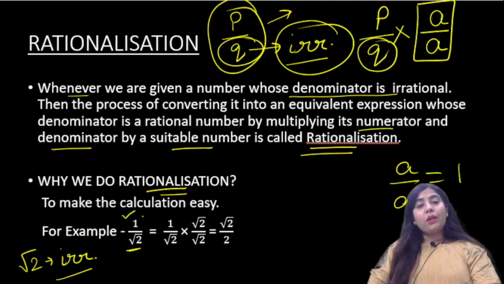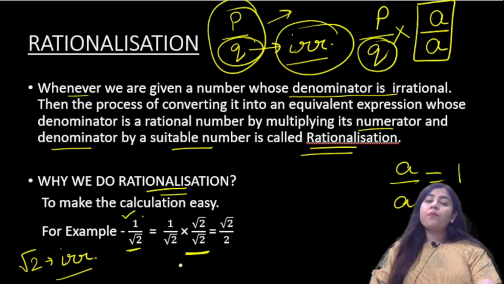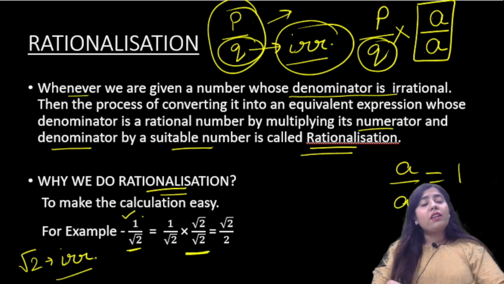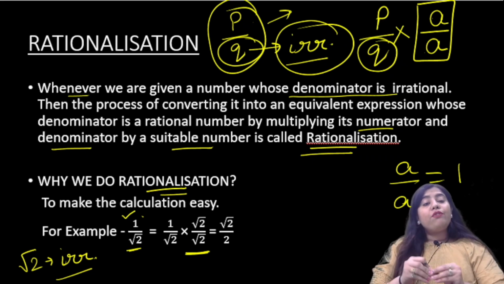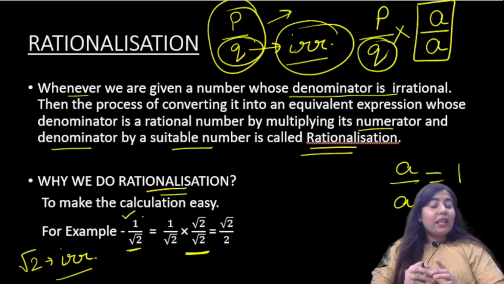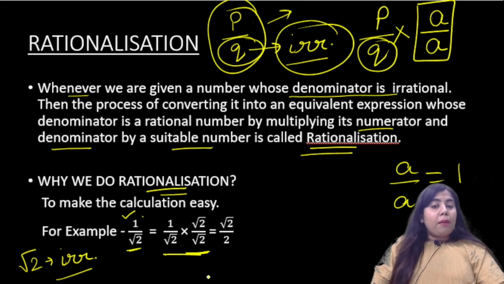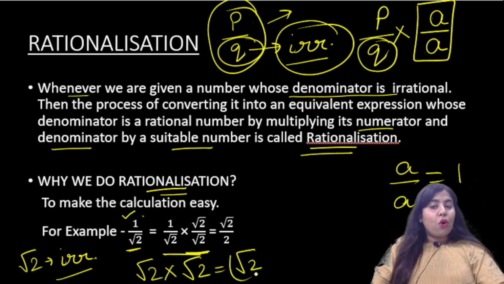Now here what we are doing is, we are multiplying it by root 2 by root 2. Now see, why are we multiplying it by root 2 by root 2? Because if we multiply by root 2, then just see carefully, the denominator will become root 2 multiplied by root 2, and we can write it as root 2 whole square, and it is equal to 2.